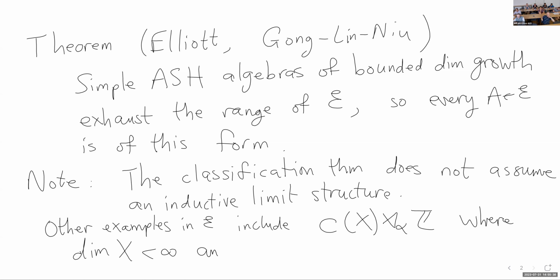By minimal, I mean that the orbit of every point is dense, or equivalently, there are no non-trivial closed invariant subspaces. But in particular, such a crossed product algebra admits some inductive limit structure.